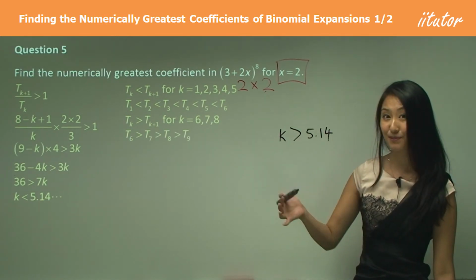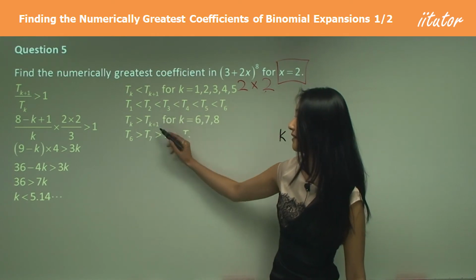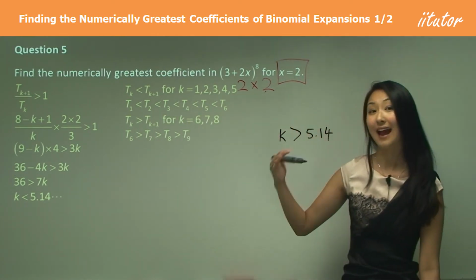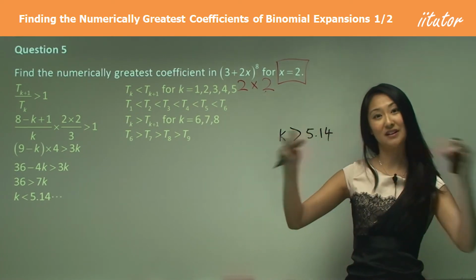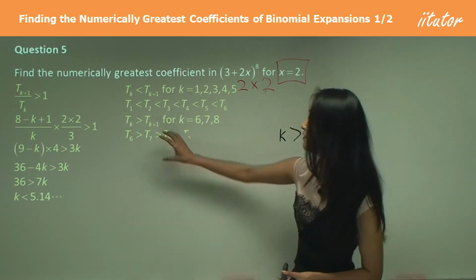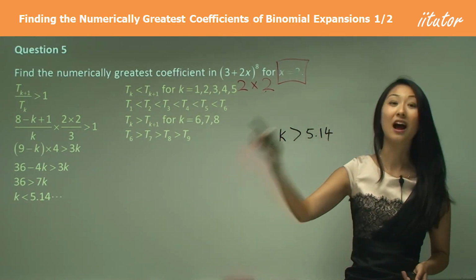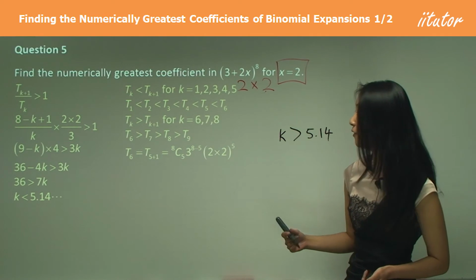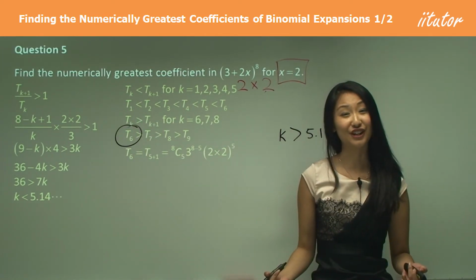Now substituting that in, you get t6 is greater than t7, t7 is greater than t8, t8 is greater than t9. And now, remember how previously we put it together? The same idea: if you put that over here, you can see that the 6th term is greater than either side. So therefore, T6 must be the greatest coefficient.